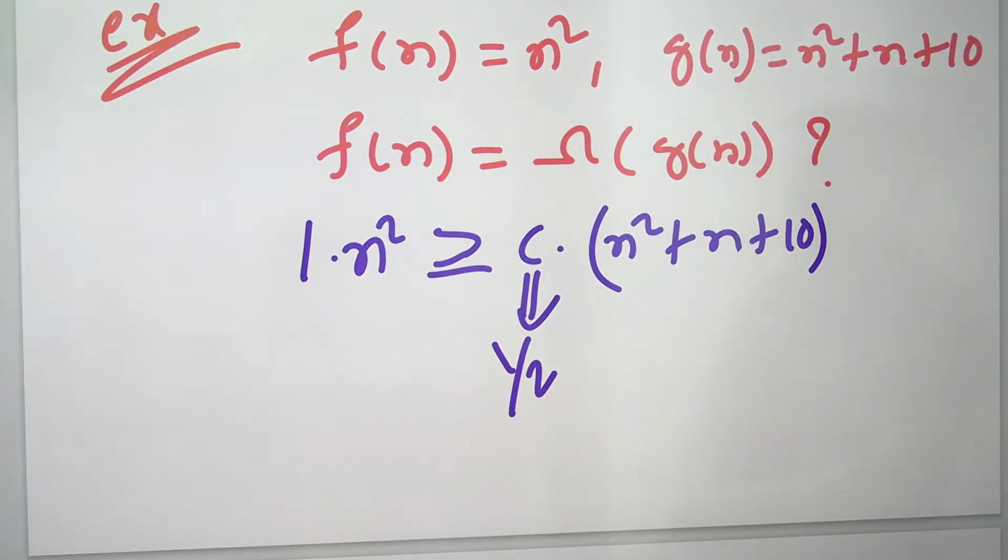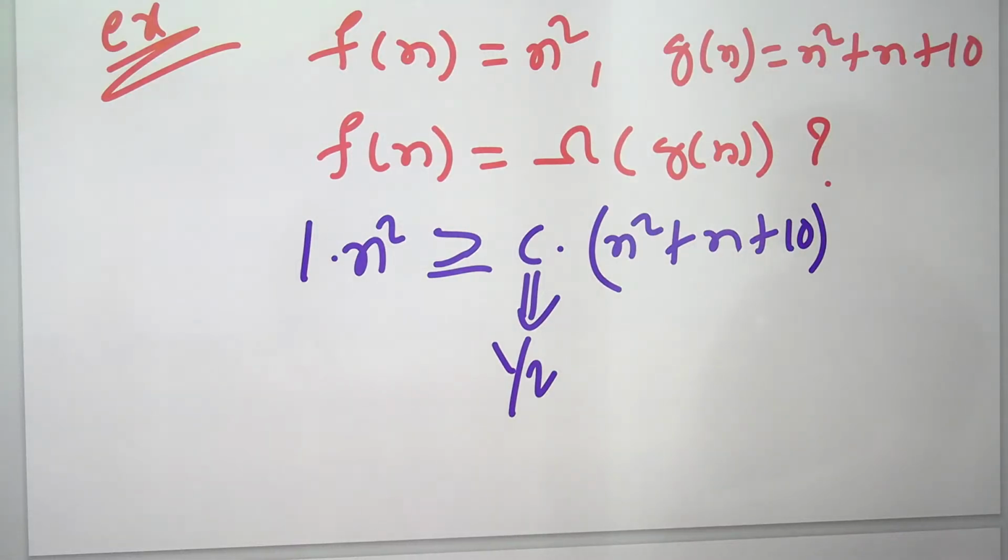N value 1: left is 1, right is 1 plus 1 plus 10, 12 by 2, 6. So fail. N value 2: left is 4, right is 4 plus 2, 6 plus 10, 16 by 2, 8. Fail.